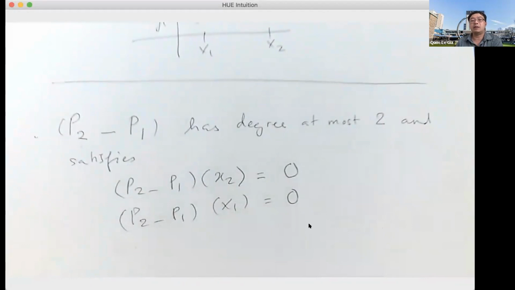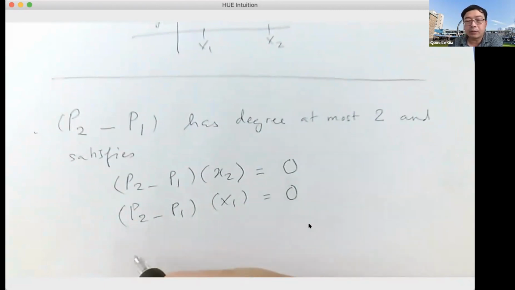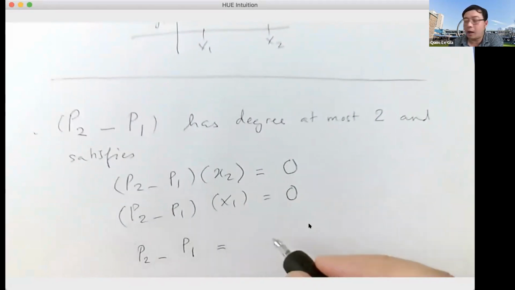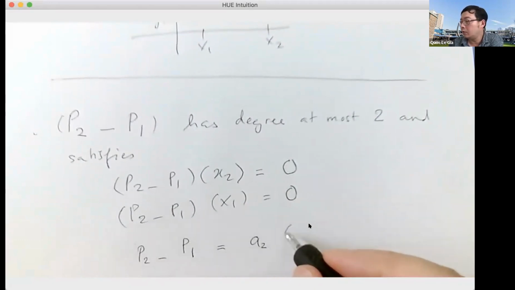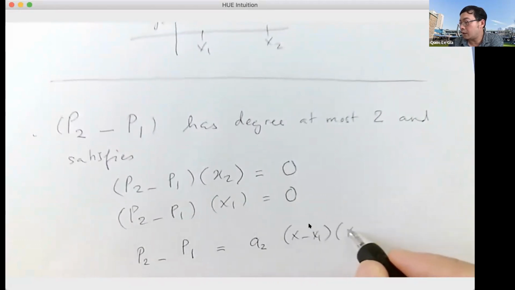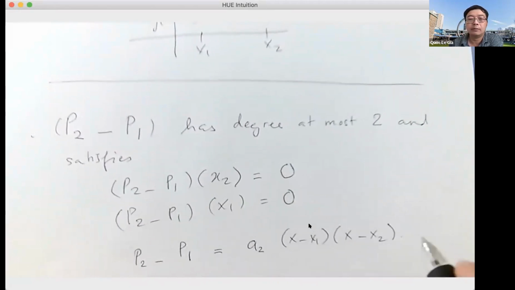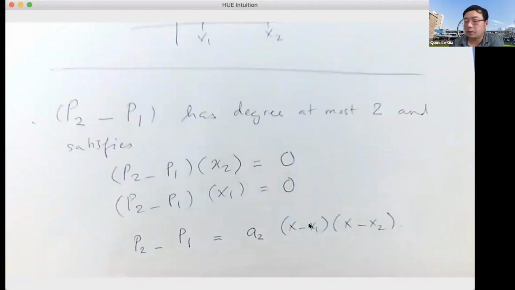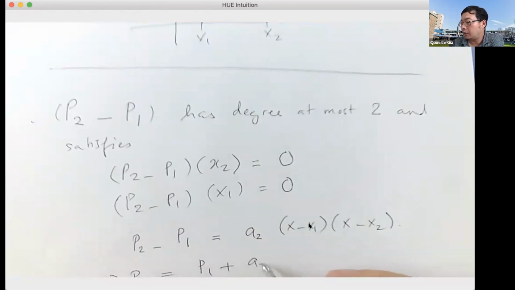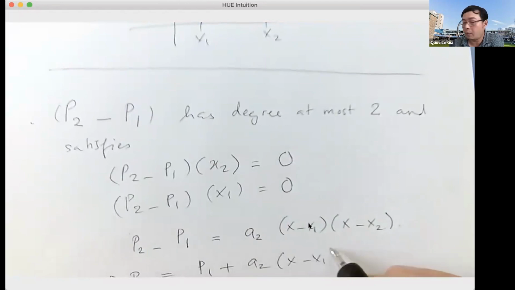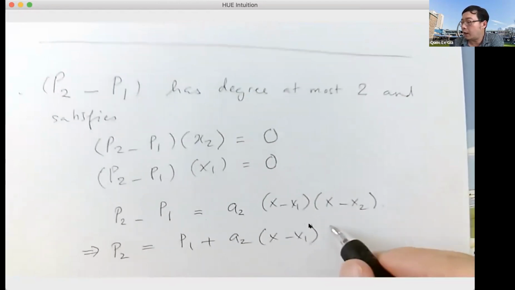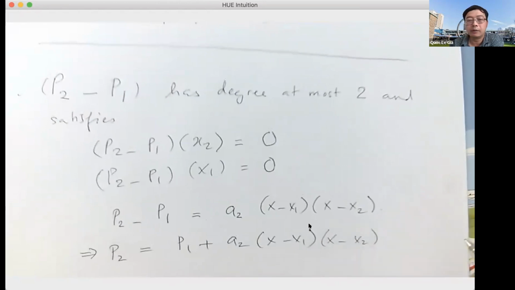So remember, because of the interpolation condition, you can say that P2 minus P1 can be written as some constant A2 times (x minus x1)(x minus x2). Okay. And then you flip it around. You can say that P2 is P1 plus A2 times (x minus x1) times (x minus x2), right?